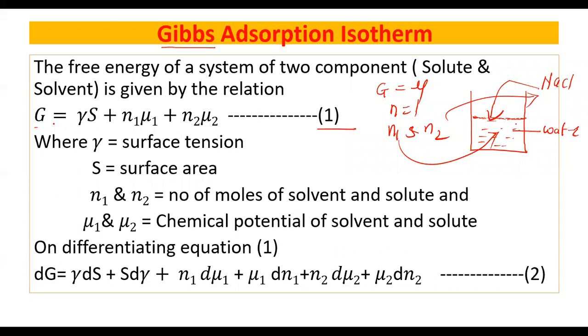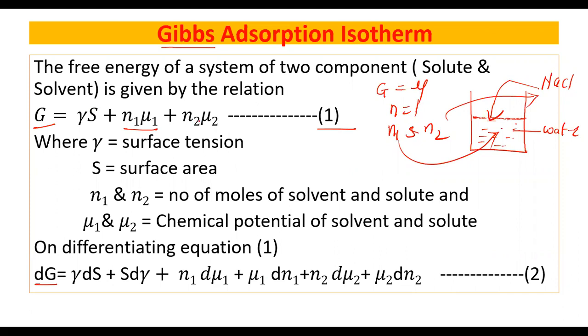So differentiation of G is dG. So dG equal to gamma into dS plus S into d gamma. Similarly here, differentiation of the term N1 mu1 gives N1 into d mu1 plus mu1 into dN1.